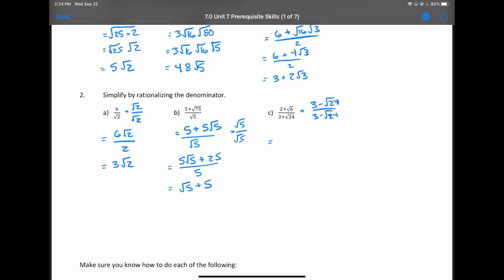Now, on the top, we basically have to use FOIL or expand that out. So it's going to be 2 times 3 is 6. 2 times negative root 24 is negative 2 root 24. Root 6 times 3 is 3 root 6. And root 6 times negative root 24 is minus the square root of 6 times 24, which is 144.